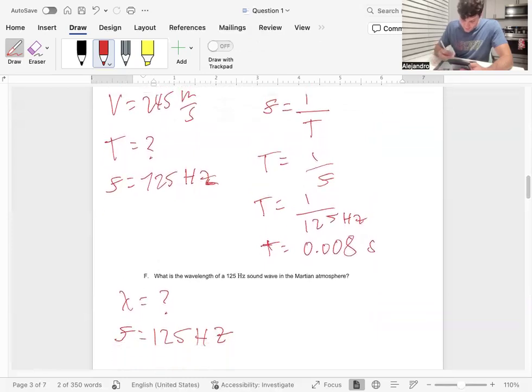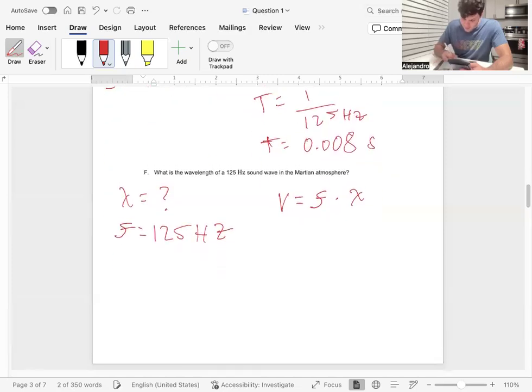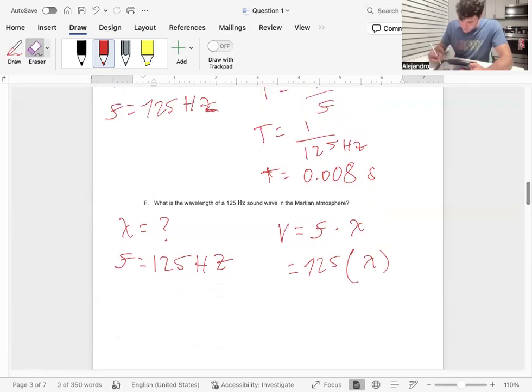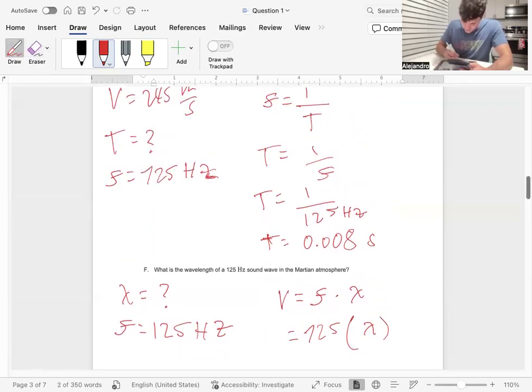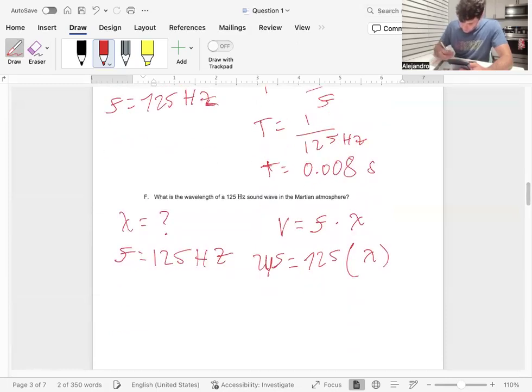So we can use the formula speed equal to frequency times wavelength. We know the speed is given to us and it's 245.